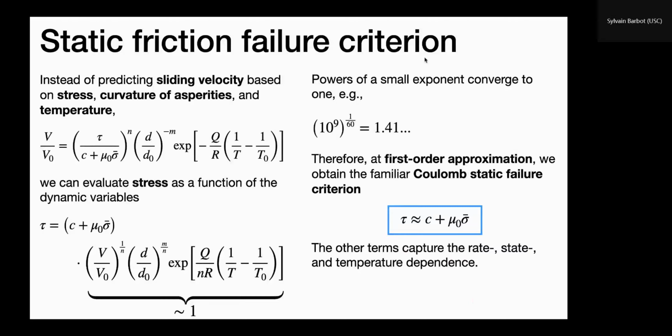So basically all these terms, since they are raised to the power 1 over n, look like a small deviation from 1. And because of that, if you ignore them, you simplify the expression tremendously, and it simplifies to tau equals C plus mu naught sigma. And that's the Coulomb static failure criterion. So it's basically explaining why this works.